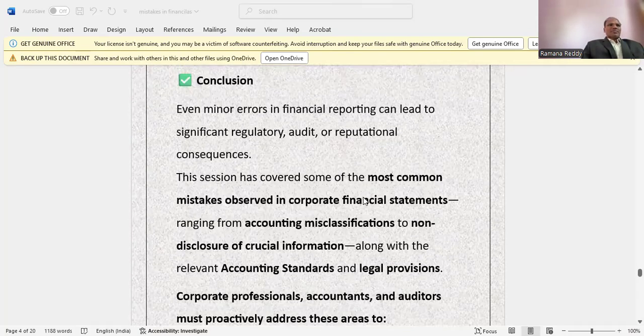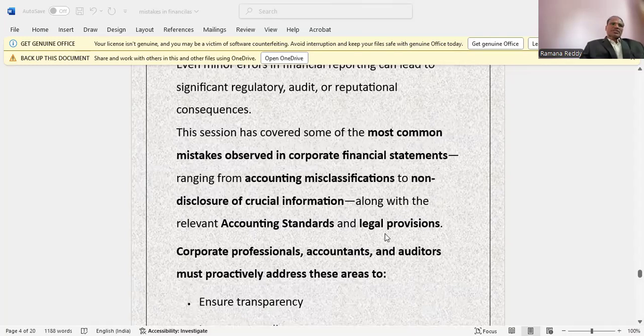So even minor errors in financial reporting can lead to significant regulatory, audit, or reputational consequences. This session has covered some of the most common mistakes observed in corporate financial statements, ranging from accounting misclassification to non-disclosure of crucial information, along with the relevant accounting standards and legal provisions.